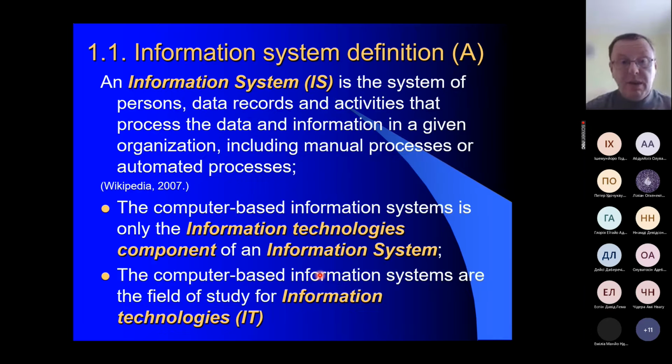As you have to remember, an information system is a system of persons, data records and activities that process data and information in a given organization, within manual or automated processes. The most important point to understand when you talk about information systems is that we must consider the staff members who work with those systems.